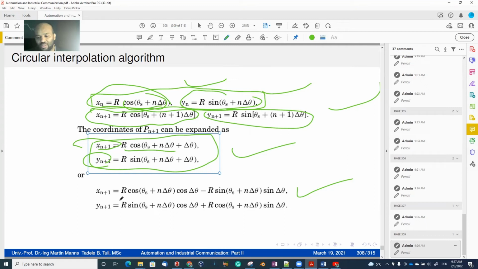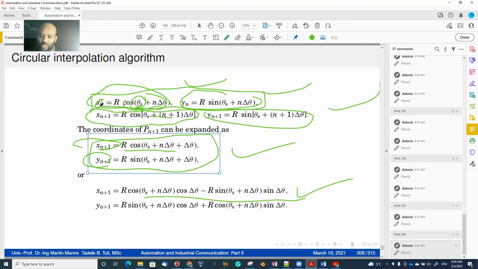If you expand this again, you get something like this. N plus 1 is talking about the future, this one is talking about the current, and this is talking about the starting point.